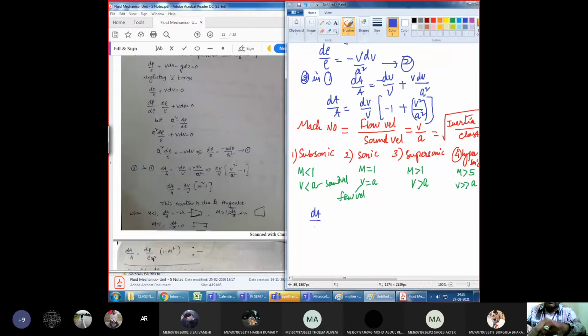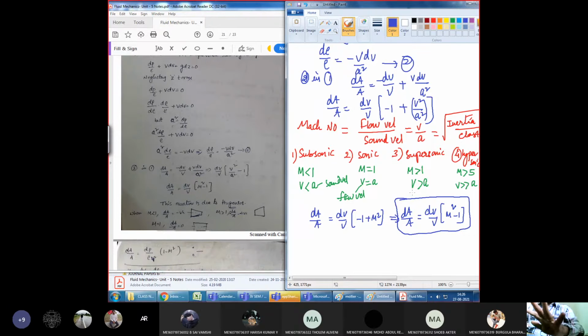If you substitute, you will get dA by A is equal to dV by V into minus 1 plus M square, which can also be rewritten as dA by A is equal to dV by V into M square minus 1. So we got the relation between area and velocity.